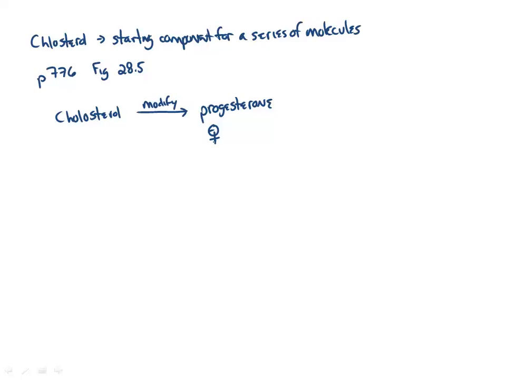And what I kind of find interesting is progesterone is turned into testosterone, which is, of course, the male sex hormone. But that is also then turned into estradiol, which is another female sex hormone. And so there's a whole series of chemical reactions that are going on to make these hormones.